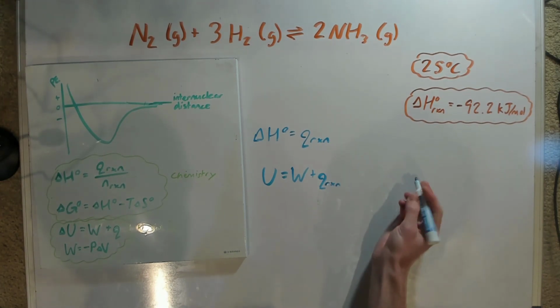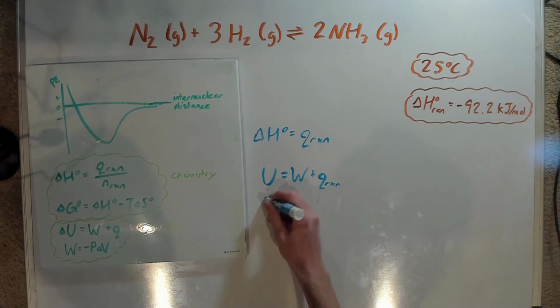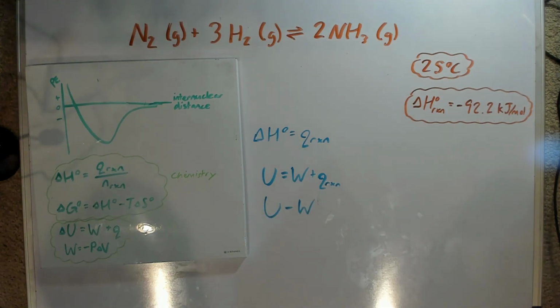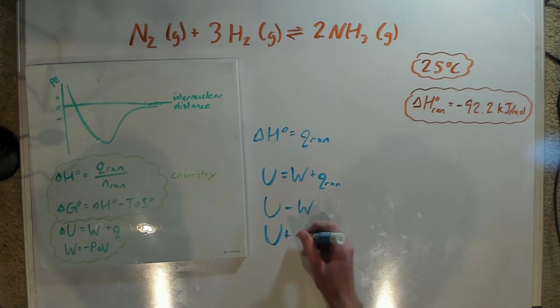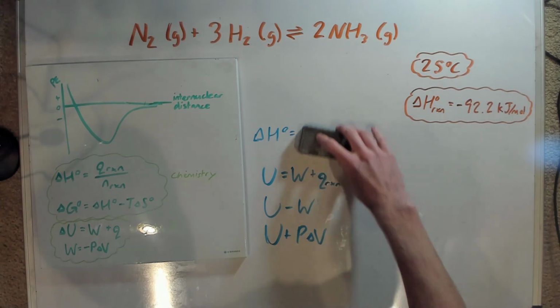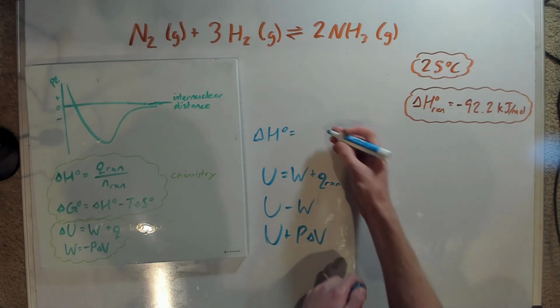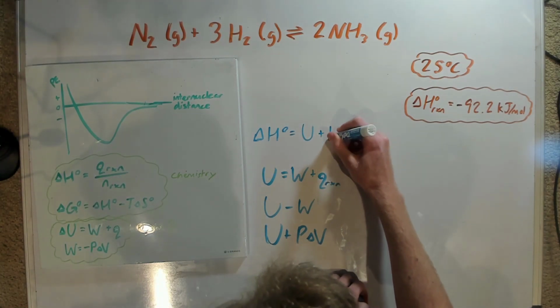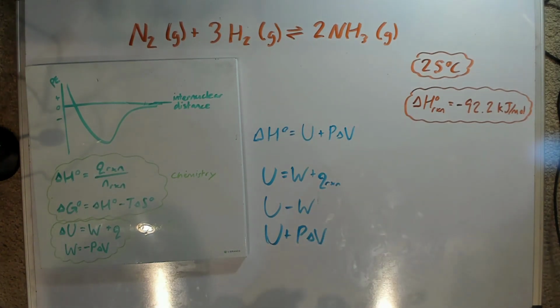Let's just say this is Q of the reaction. Then let's subtract this over. We have U minus work. Let's sub in our work equation here. So that means U plus pressure times change in volume would then be equal to delta H. So that means delta H is equal to the internal energy plus the pressure times volume.